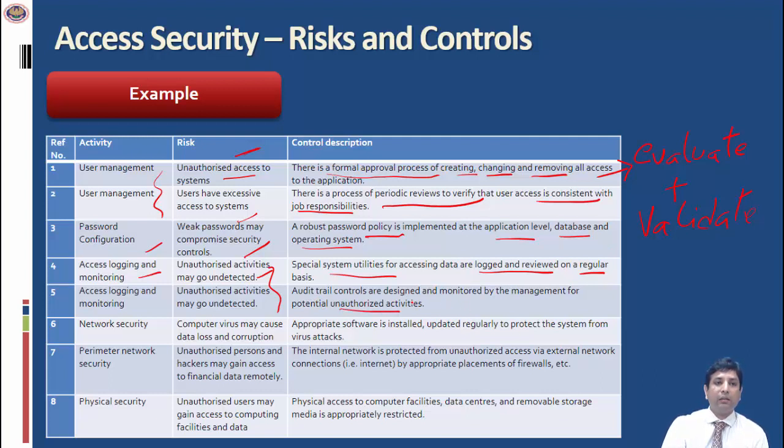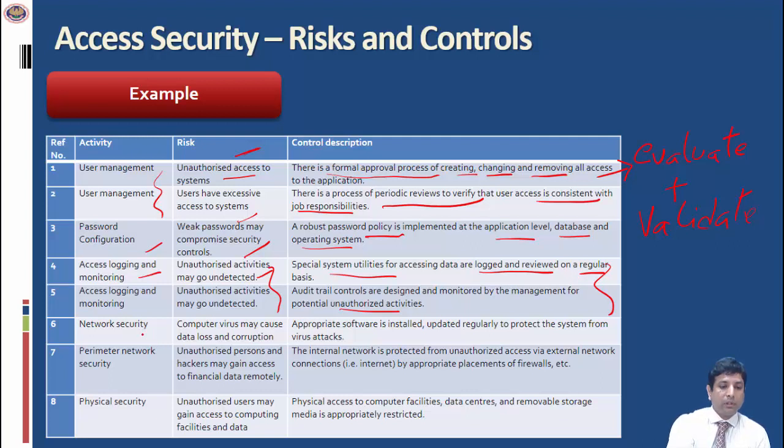So these two controls go hand in hand to mitigate the risk that some unauthorized activities have happened and have gone undetected. Having these two controls would help management get the assurance that unauthorized activities, even if they have happened, have been identified or detected in a timely manner.